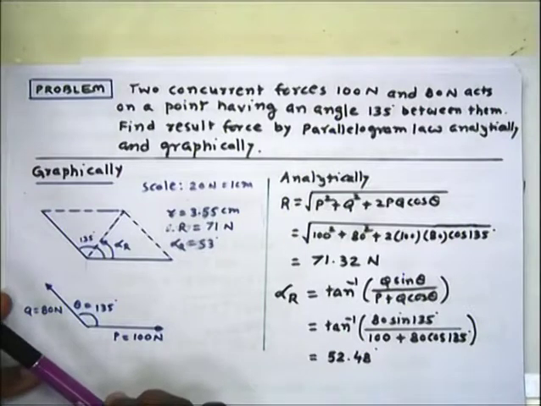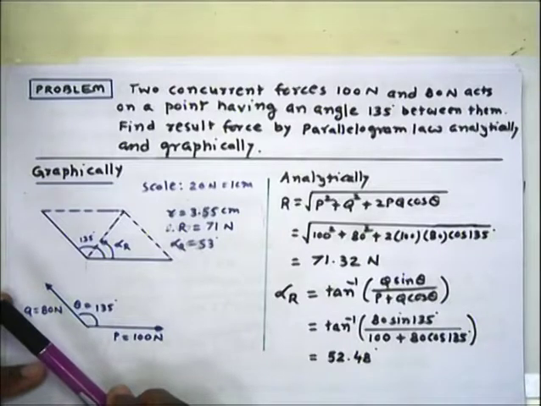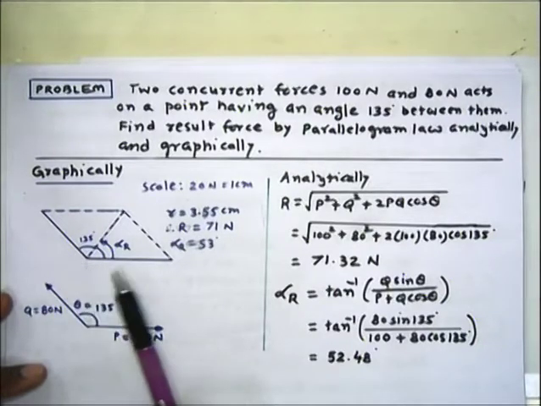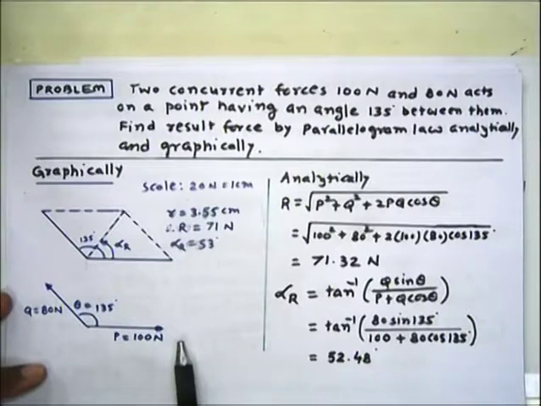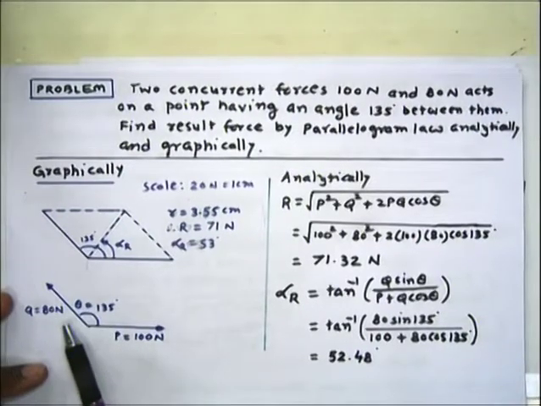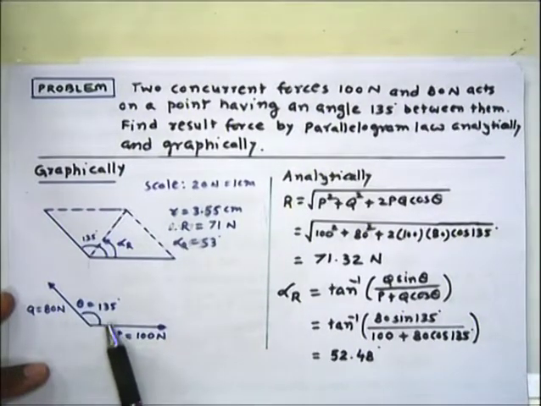Find resultant force by parallelogram law analytically and graphically. So here two concurrent forces, P 100 Newton and Q 80 Newton, are given, and angle between them is 135 degree.